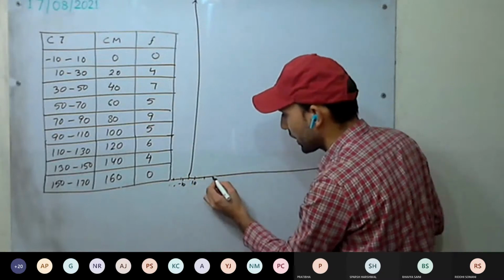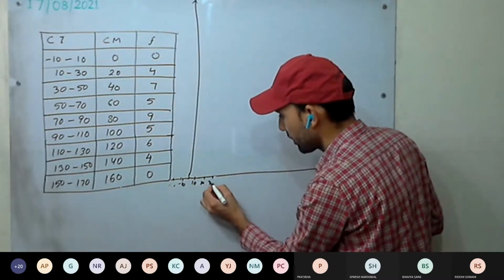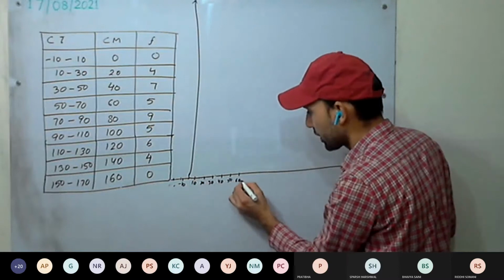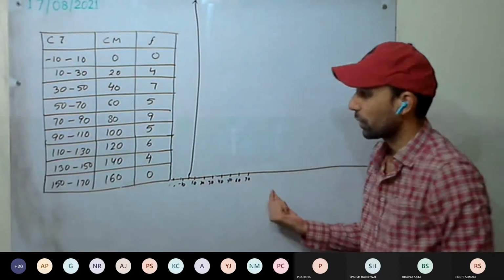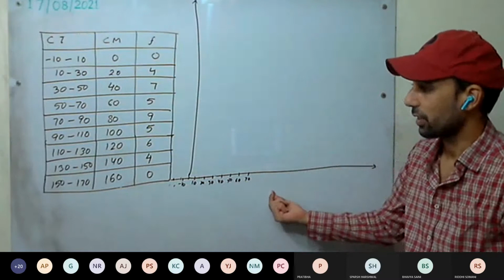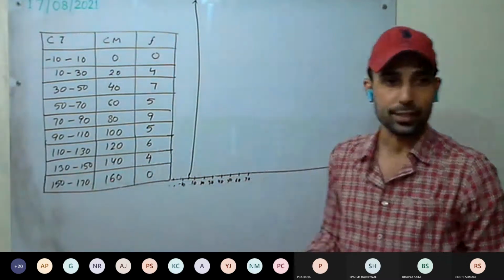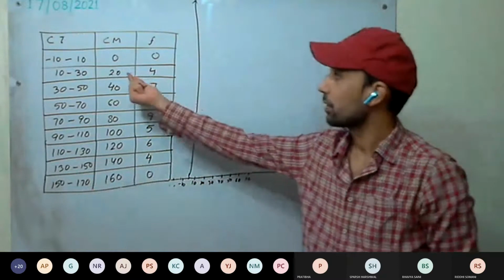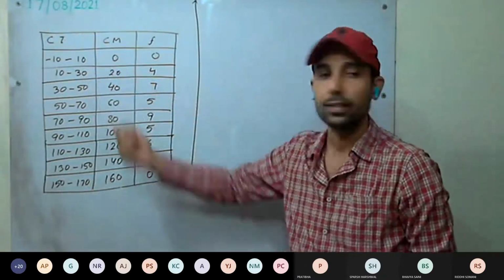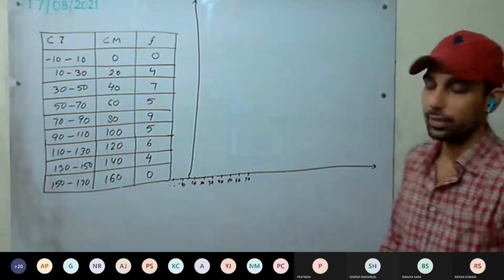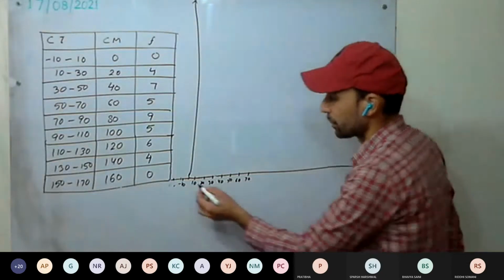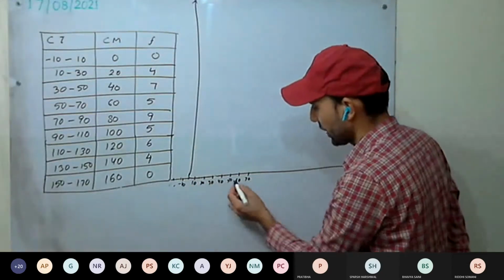Minus 10, 20, 30, 40, 50, 60, 70. I think it won't fit in your notebook either. So how can you take it? 1 centimeter as 20 units. 1 centimeter as 20 units you can take.